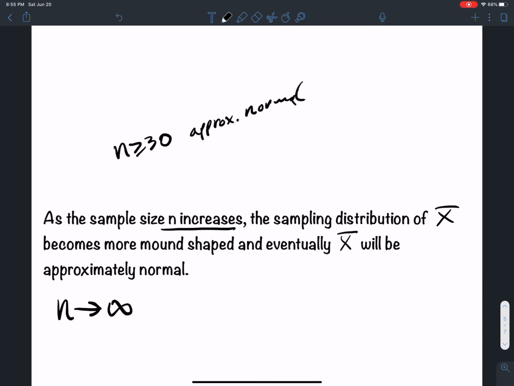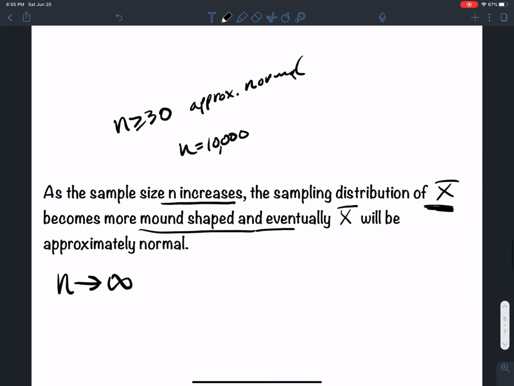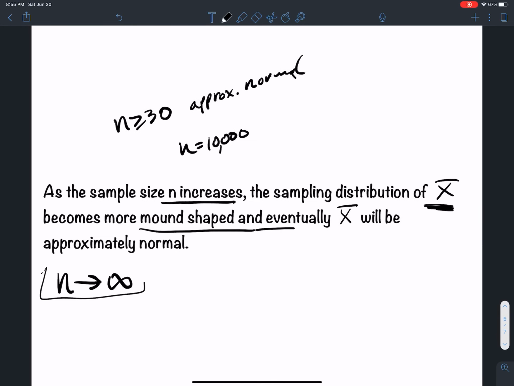If I get larger and larger samples, like n equal to 1,000 or 10,000, the sampling distribution becomes more and more mound-shaped, and if n goes to infinity, it will eventually be exactly normal. But since we can't reach infinity, we're not going to go out and get an infinite amount of data, all we do is approximate the normal. So the bigger your n is, the more it looks like the true normal curve.